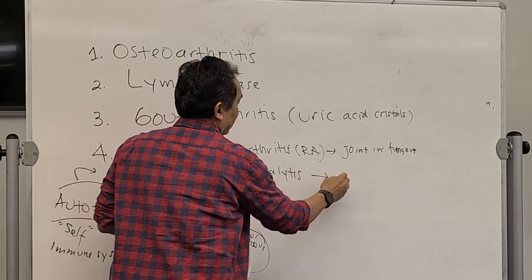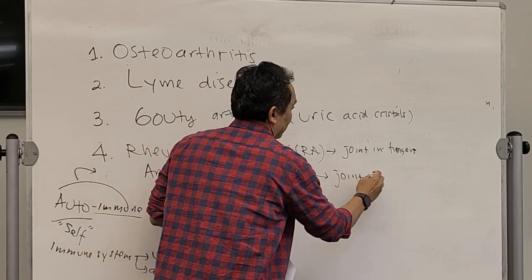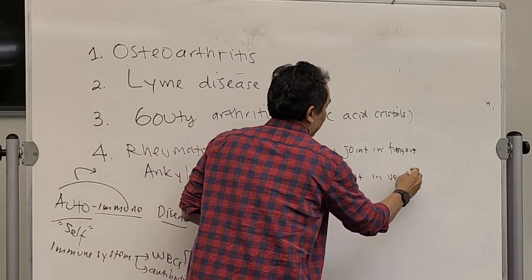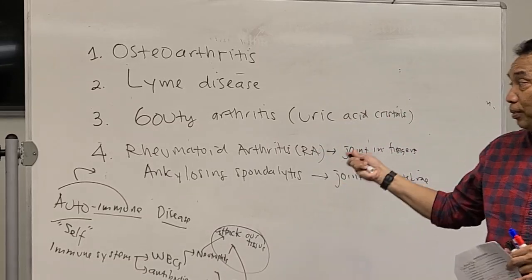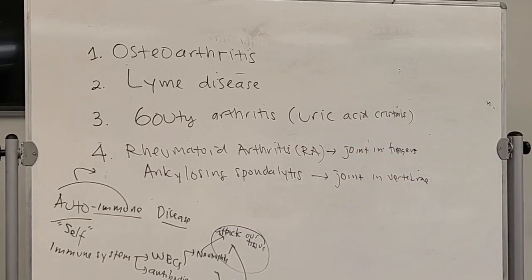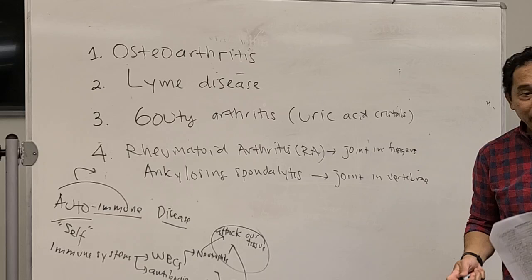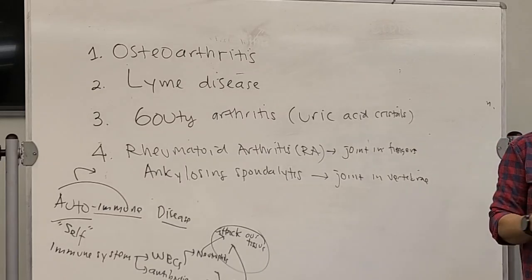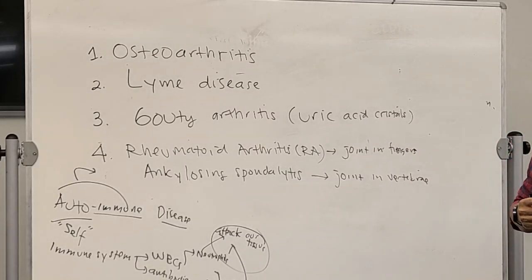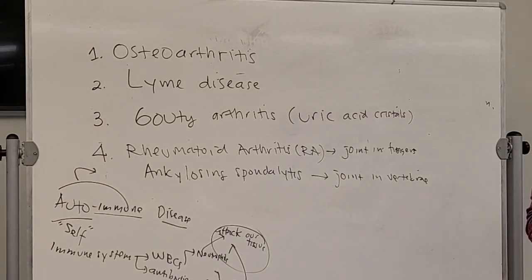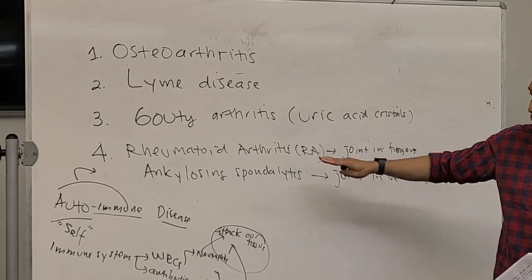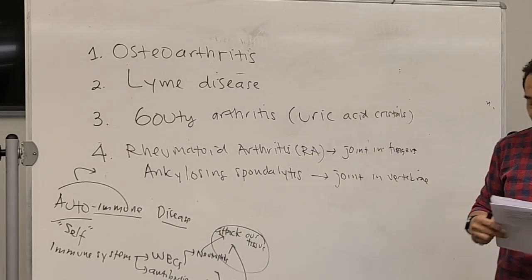This is attacking joints in the vertebrae. So if you wrote one of them, it should be correct. Whether RA or AS, that's autoimmune disease that attacks joints. There are other autoimmune diseases that attack other body functions, but right now, the ones that attack the joint are called RA or AS.